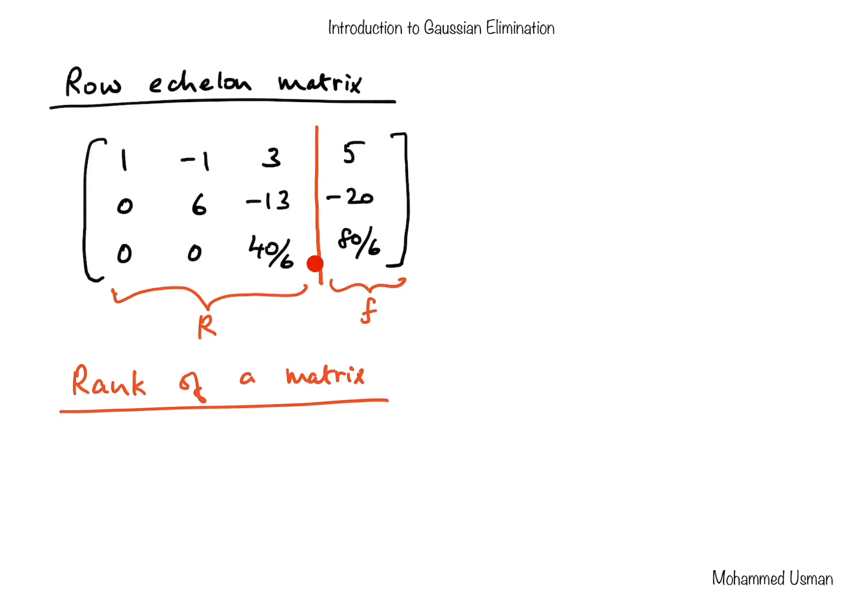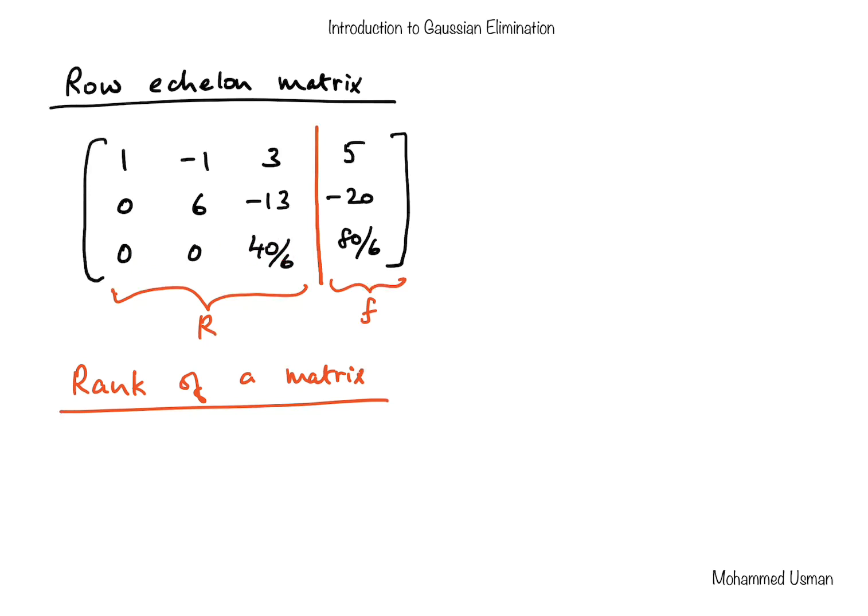In the row echelon matrix, we have this left part, which is the reduced coefficient matrix. The number of non-zero rows in the reduced coefficient matrix R is called the rank of the matrix. That means when we say non-zero rows, it means all the elements should not be zero.